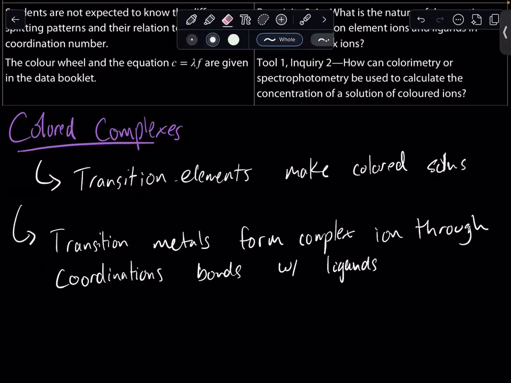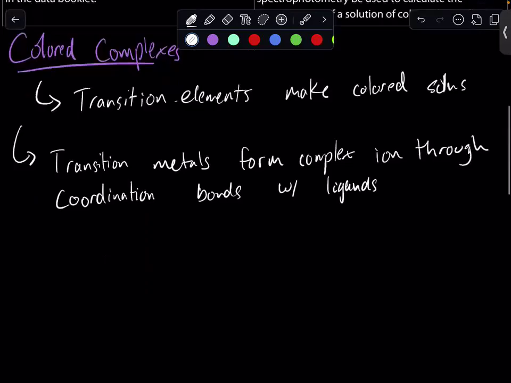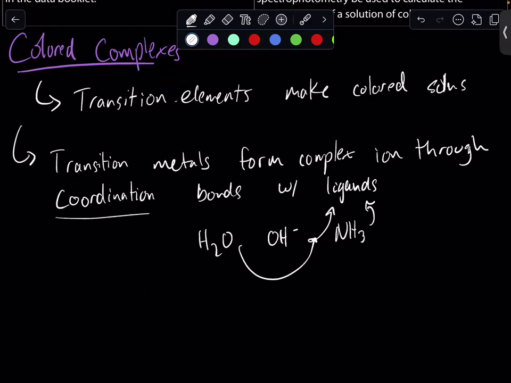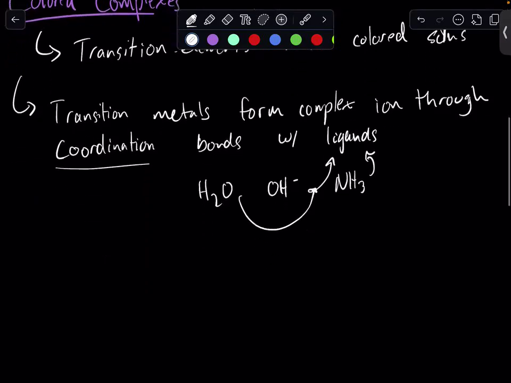We talked about this when we talked about different types of bonds, where transition metals will often bond to a ligand such as H2O, OH minus, ammonia, NH3. These are all different ligands that can occur with a complex ion. Now, it does form coordination bonds because these ligands will donate both their electrons to the ion.